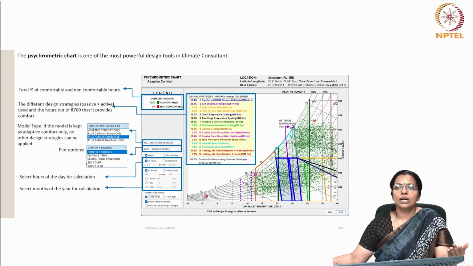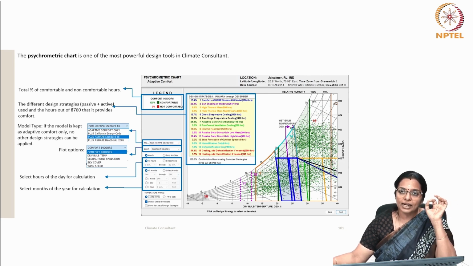For example, when a given temperature and humidity occurs more than once in any month. A given hour's dot might meet the criteria for more than one strategy zone, in which case it is counted in the percentage of hours for both the zones, which is why sometimes the percentages add up to more than 100%.